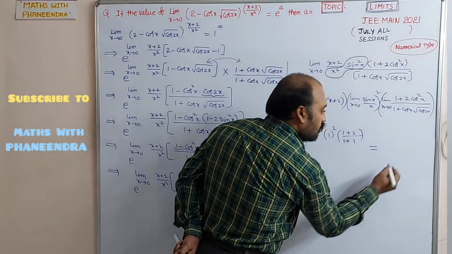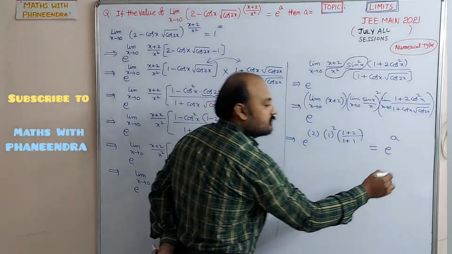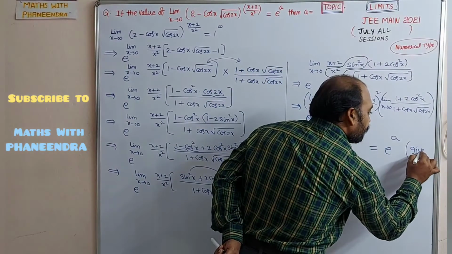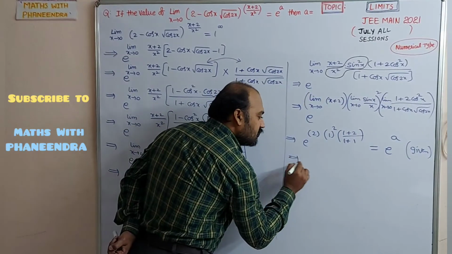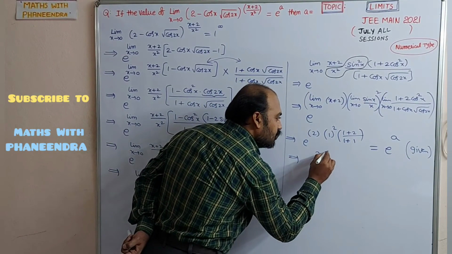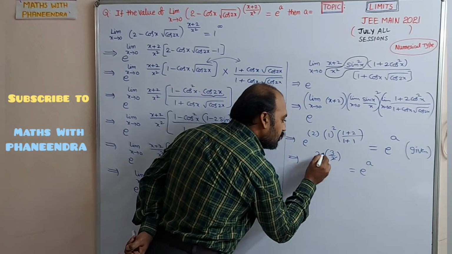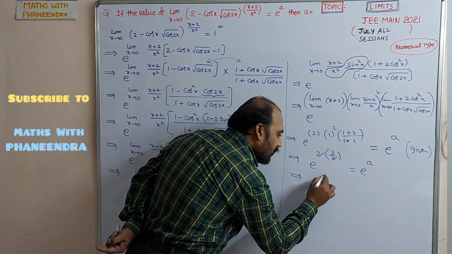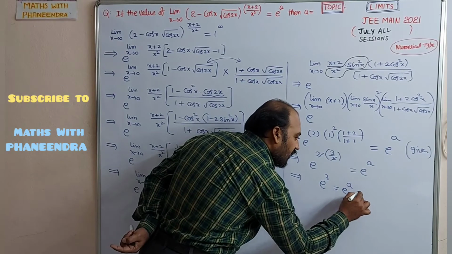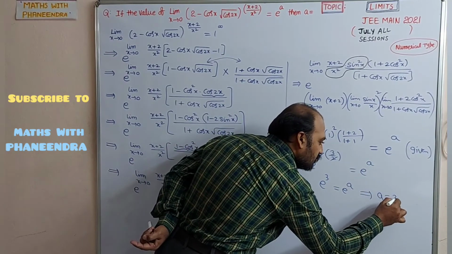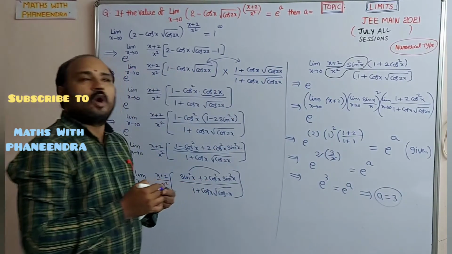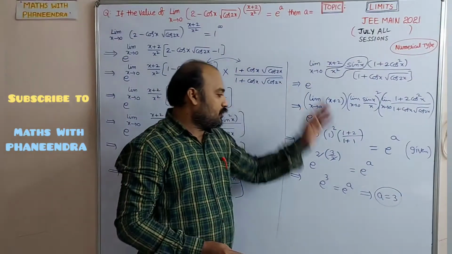This is equal to e power a, it is given. So that implies if you simplify, e power 2 into 3 by 2 is equal to e power a, 2 gets cancelled. E power 3 is equal to e power a. That implies a is equal to 3. So the answer for the given is a equal to 3.